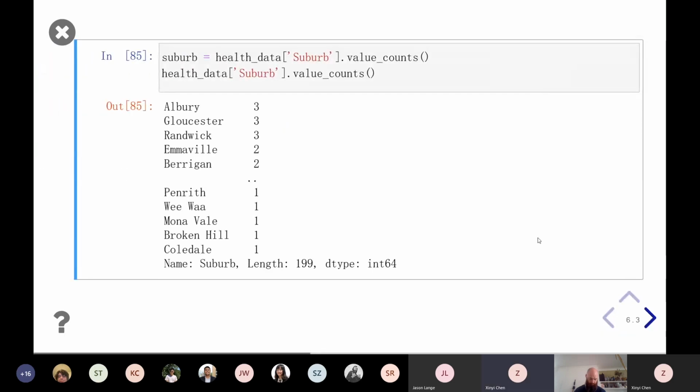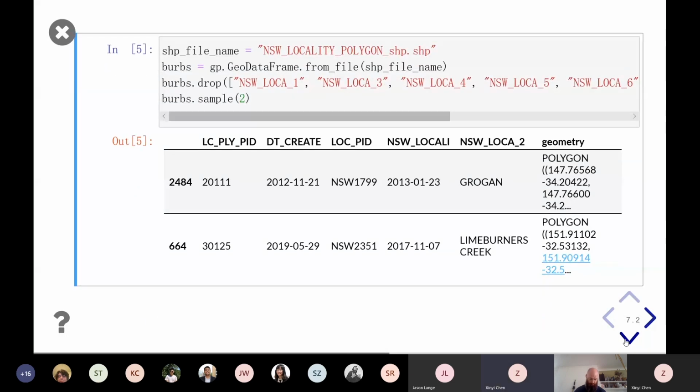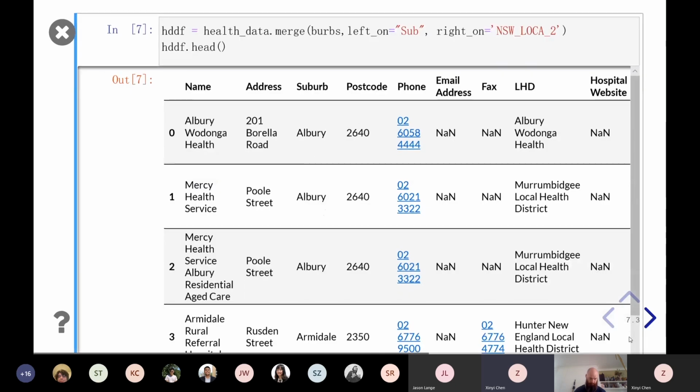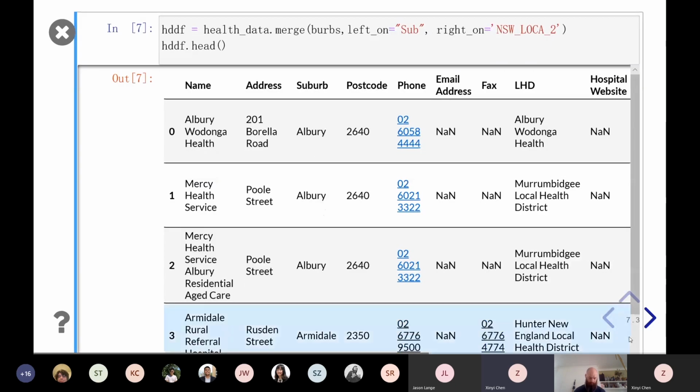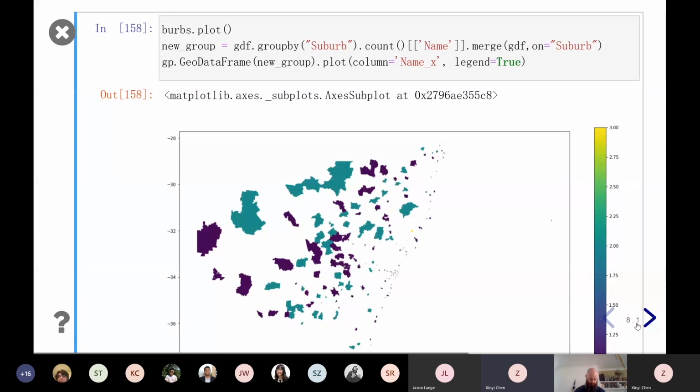So I got, actually I should have the graph, and then I added the geo map into it and merged them together. So this is what I got.